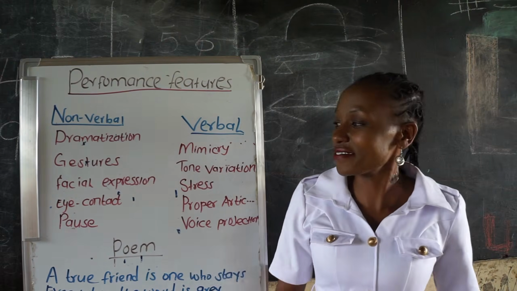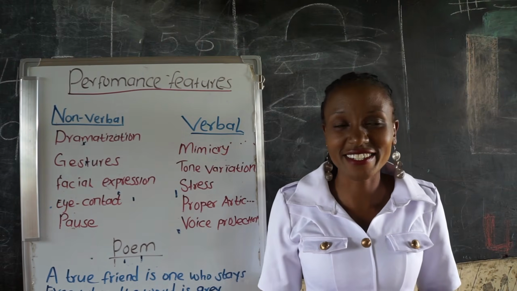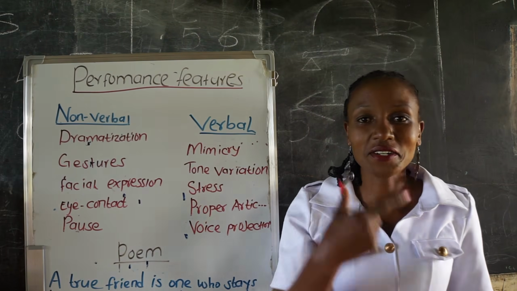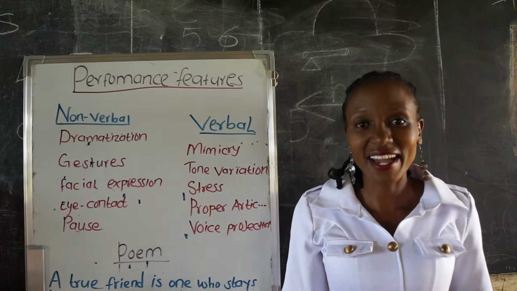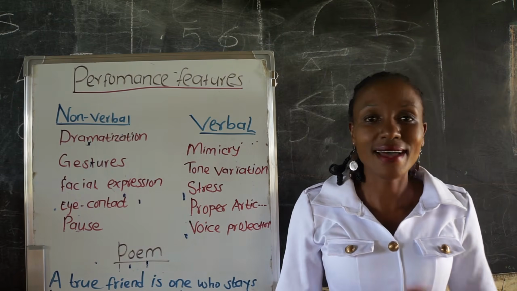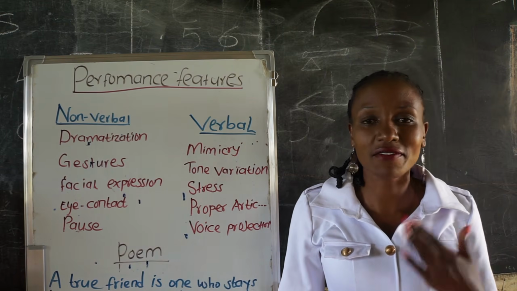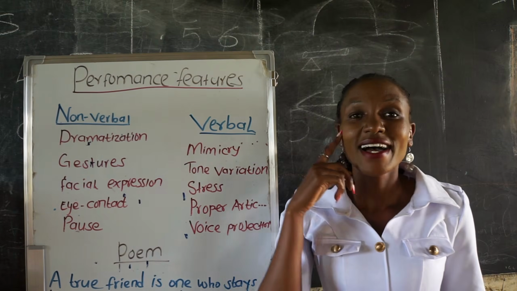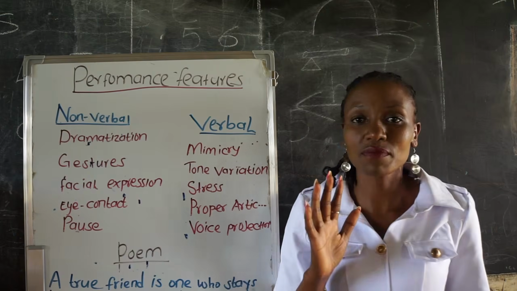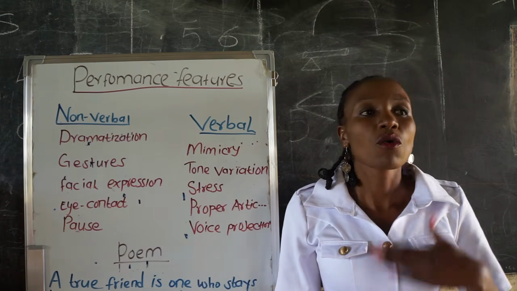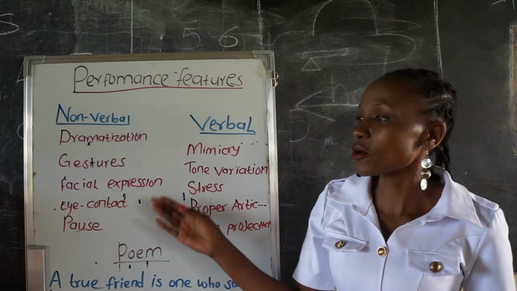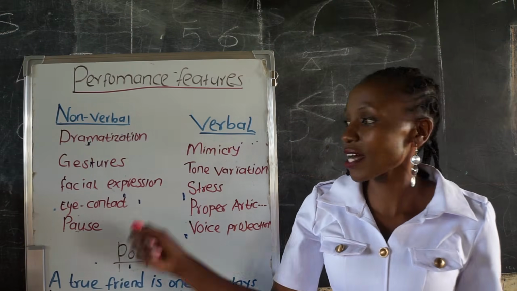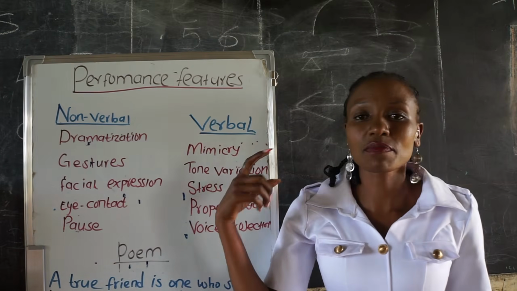Number three, we have the facial expression. These are the expressions on our face. Right now, I'm smiling. At times I can frown. If I'm angry, I won't put the same facial expression that I put when I'm happy. So when you're narrating a poem that requires somebody to be really angry, you put on that angry facial expression.